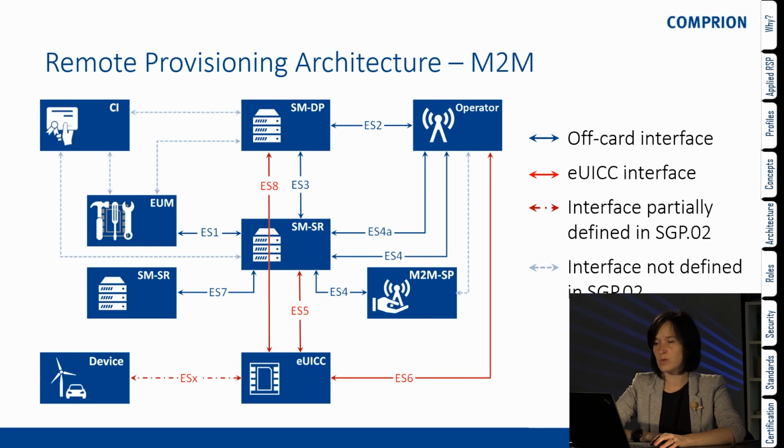The interfaces to the CI and to the EUM, or the interface between the operator and the M2M service provider, are not defined in the SGP.02. This is the main technical specification used for the definition of the M2M architecture and the whole ecosystem. It's not a part of it; this is actually the subject of the agreements between those entities.